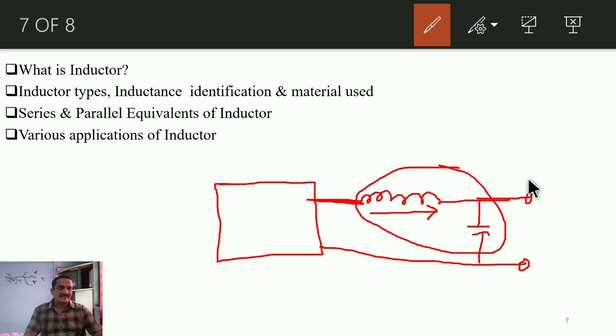That's why it will pass the DC components, while the reactance offered by this inductor to the AC components, which are available at the output of this rectifier, that is the unregulated power supply, will be somewhat high, because XL is directly proportional to F. So this inductor will filter some AC components. Suppose a few AC components pass through the inductor.